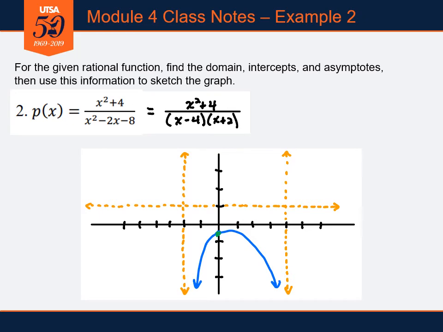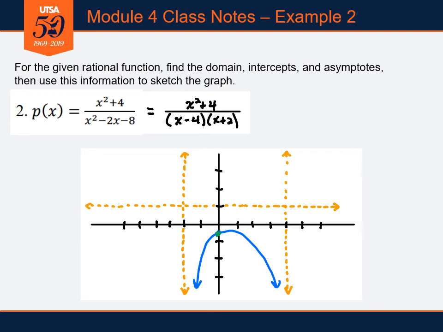Remember we concluded that? I have no x-intercepts. So from this point (0, -1/2), I can't turn up and move through the x-axis. I already determined that I have no x-intercepts. That tells me then that I must turn down.